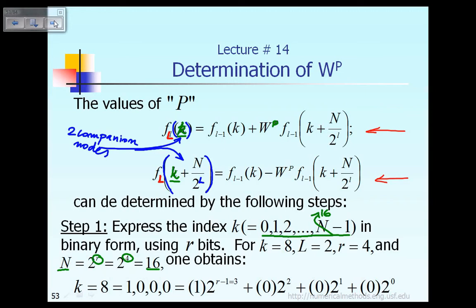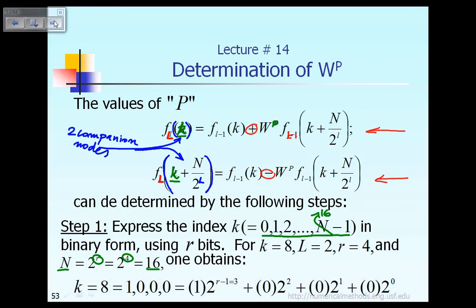The only thing different is, instead of plus the product of w raised to power p times f in the previous vector L minus 1, in the second equation you have a minus sign. That is the only difference between the computation of the two companion nodes.